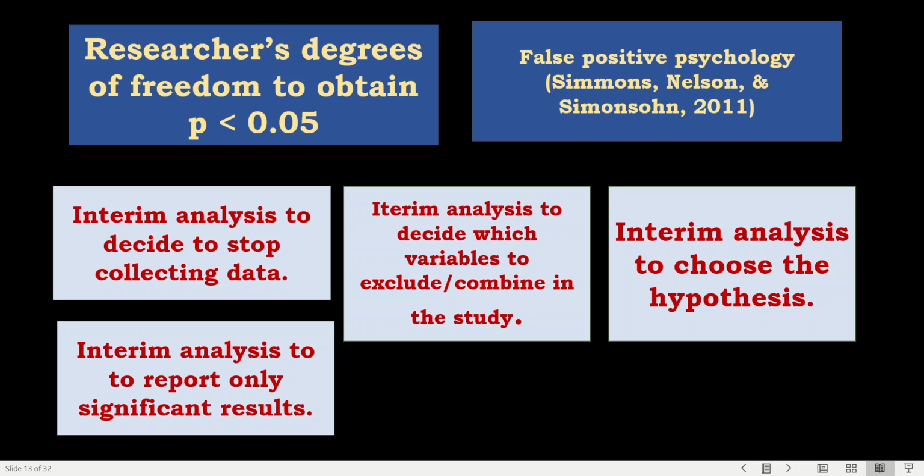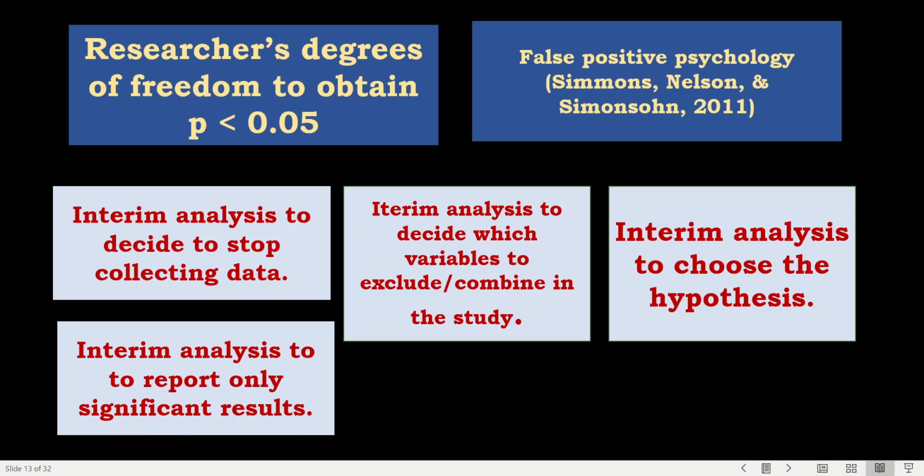Of course, we're not talking here about fraud, like faking the data. This is a fraudulent procedure, and it's very rare in psychology, although there are cases, and they led to the retraction of some articles in some journals.